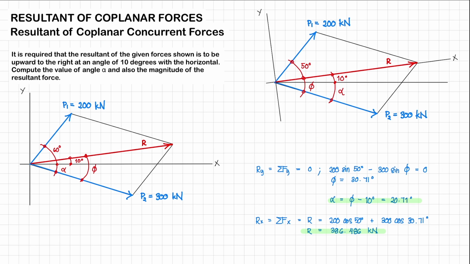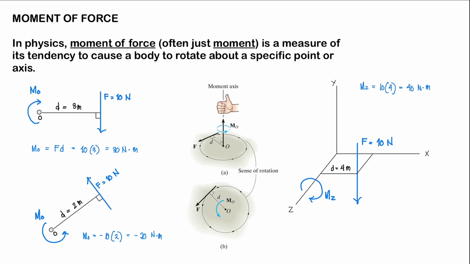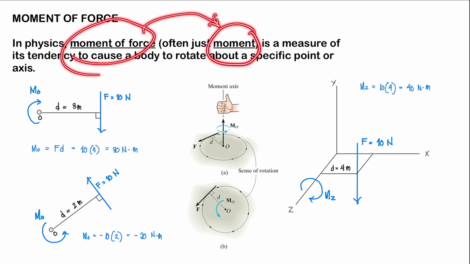So we'll proceed with our next topic. For our next topic, we have moment of force. When a force is applied to a body, it will produce a tendency for the body to rotate about a point that is not on the line of action of that force. This tendency to rotate is sometimes called a torque, but most of the time in physics, it is just referred to as your moment of force, or simply your moment.